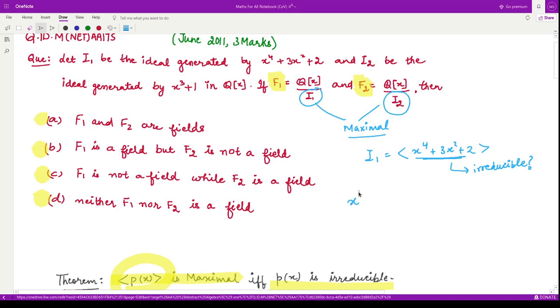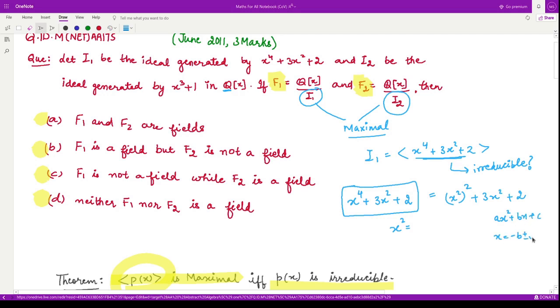For checking its irreducibility, we can try to factorize this polynomial such that the coefficients are again in the field of rational numbers. Now we can think of this polynomial as a quadratic polynomial in x squared. For a polynomial ax squared plus bx plus c, we have the formula x equals minus b plus or minus the square root of b squared minus 4ac, divided by 2a.